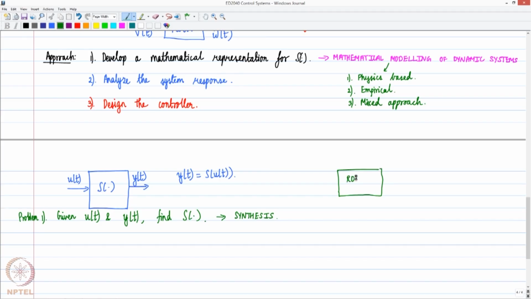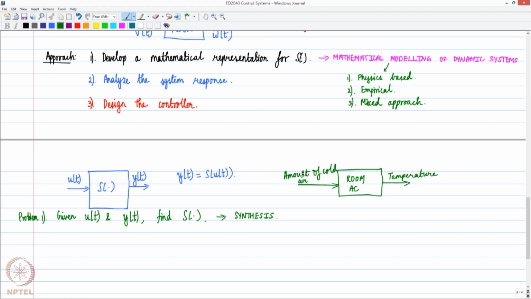Let us say we have a room air conditioner. The temperature of air in the room is my output, and the amount of cold air provided to the room through the AC vents is the input to the system.